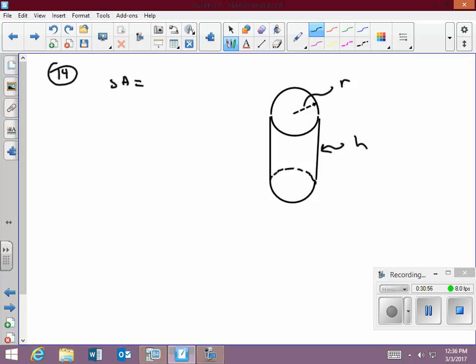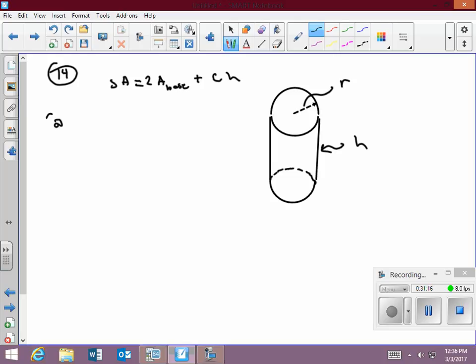And the surface area is the area of the base, 2 times area, plus the circumference times the height.